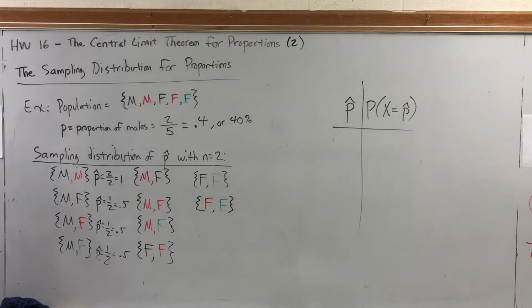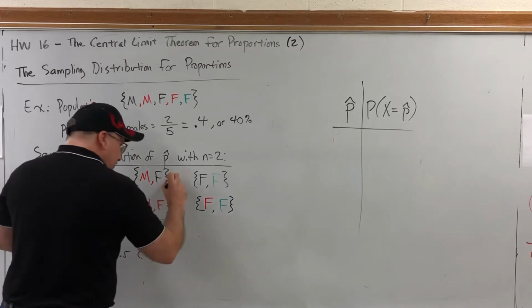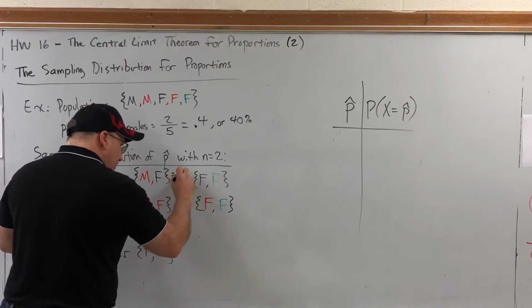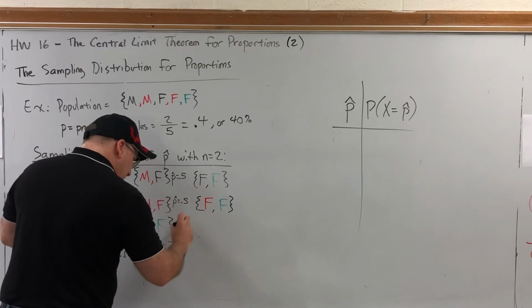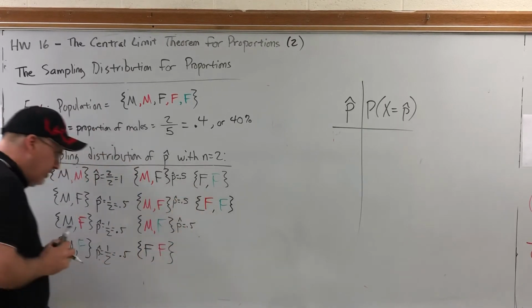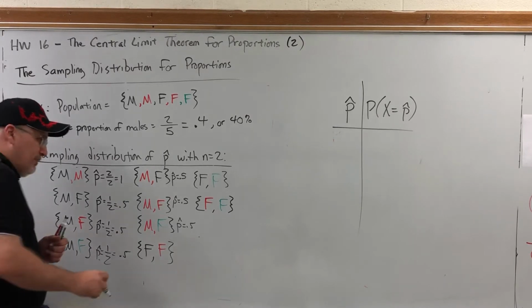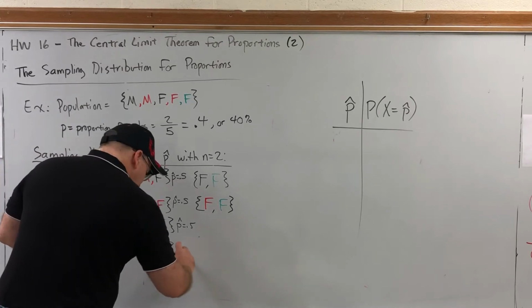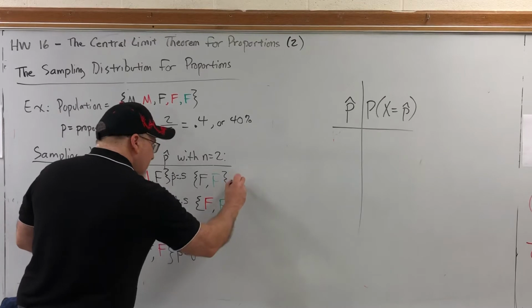For the next column, the first 3 also have exactly 1 male, so their p-hats are also 0.50, getting a lot of those. But the remaining 3 samples have no males at all. So the percent of each of the remaining 3 samples that are males is 0%.